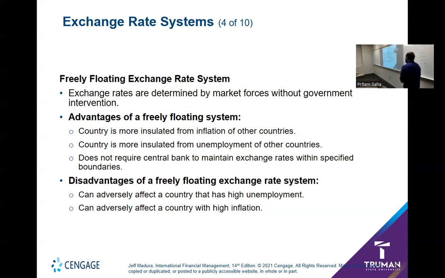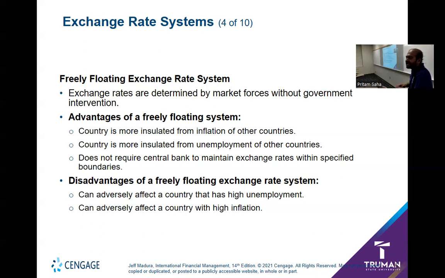One of the bad things, MNCs have to worry about appreciation and depreciation. They have to worry about managing their exposure, right? But we know that there are a lot of currency derivative options so that MNCs can manage that. So do you really prefer exchange rate to freely float?